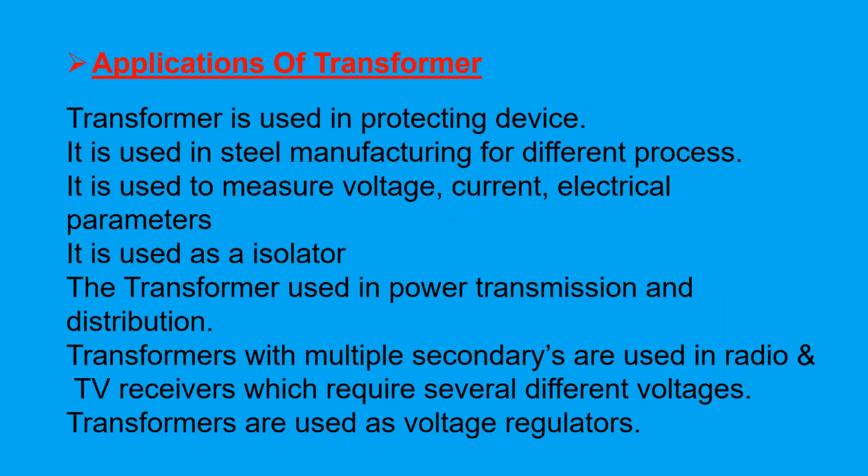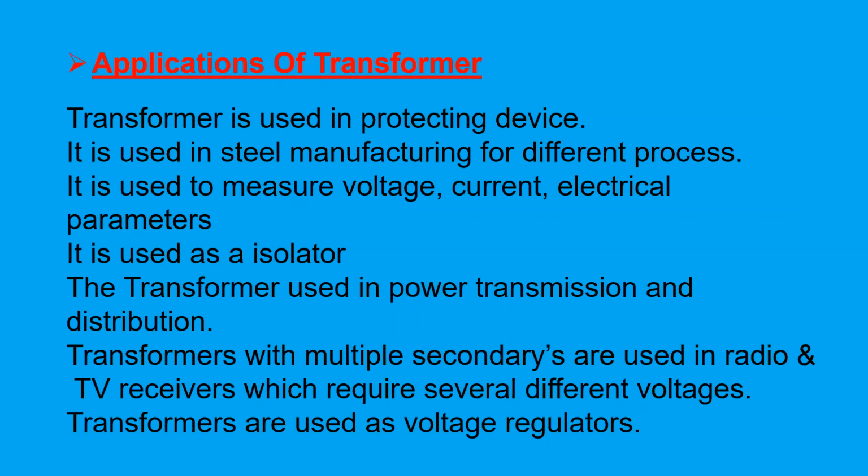Next, what are the applications of transformer? The transformer is used in protecting devices. It is used in steel manufacturing for different processes, like cooling and melting, which require different voltages. So the transformer is required to give different voltages.